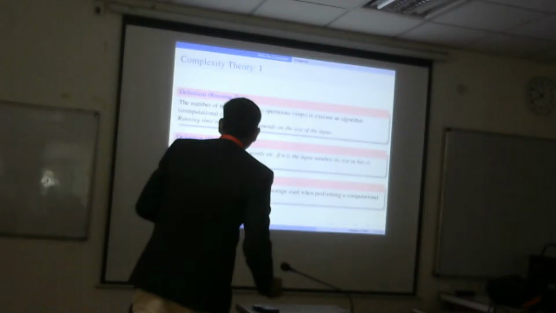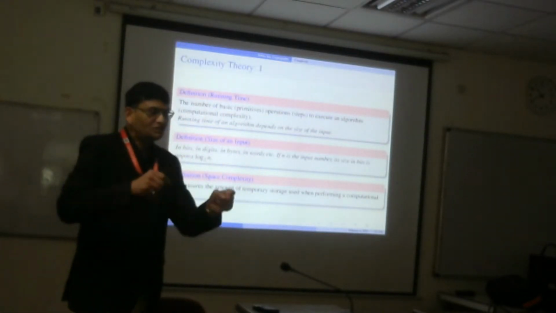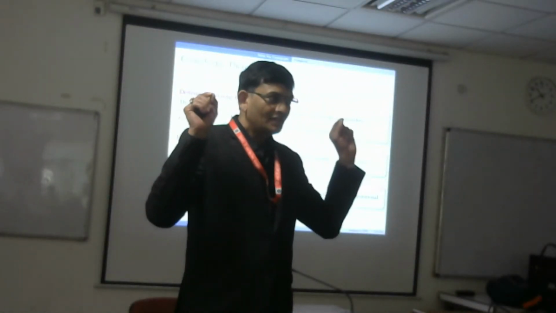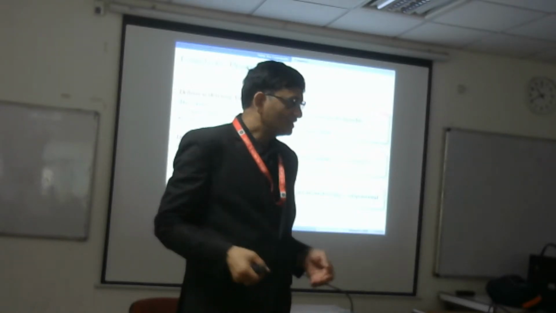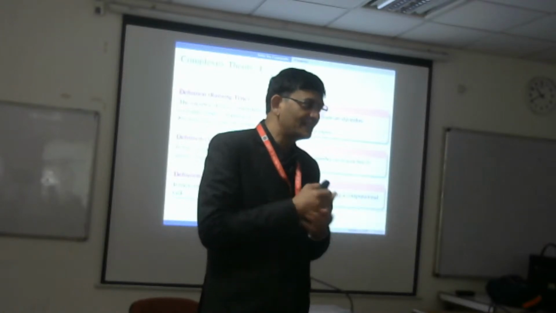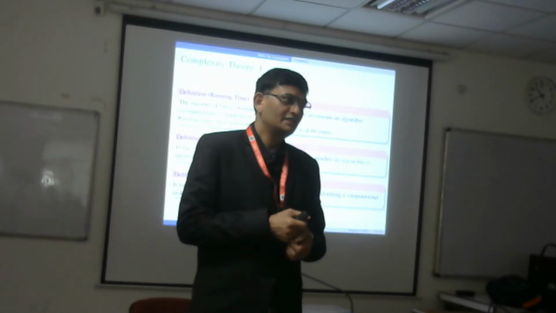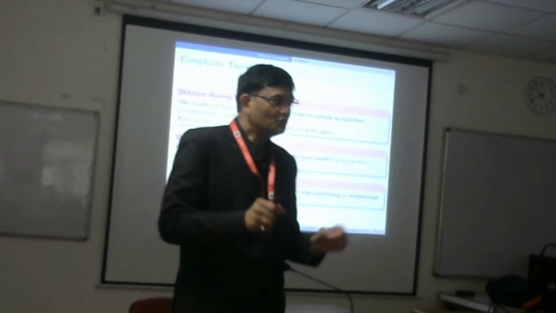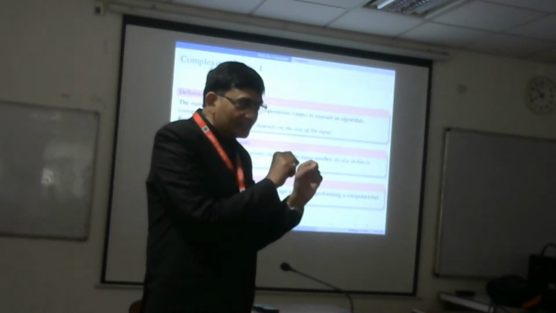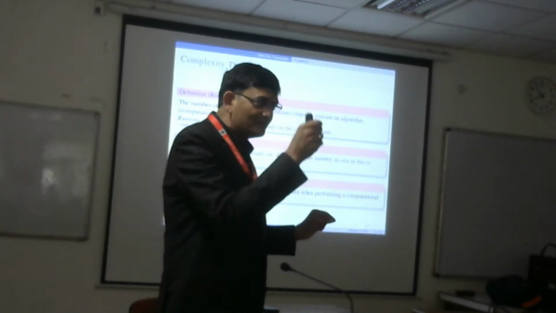Now, what is the running time of an algorithm? Suppose you want to multiply 15 by 15. You write a small program. What will be its running time? The computer will represent both numbers in bits, and then you multiply bit by bit.